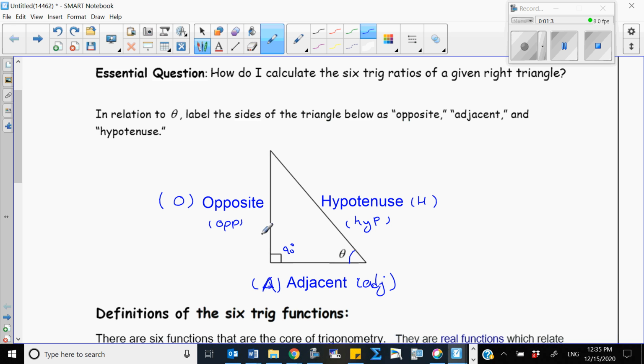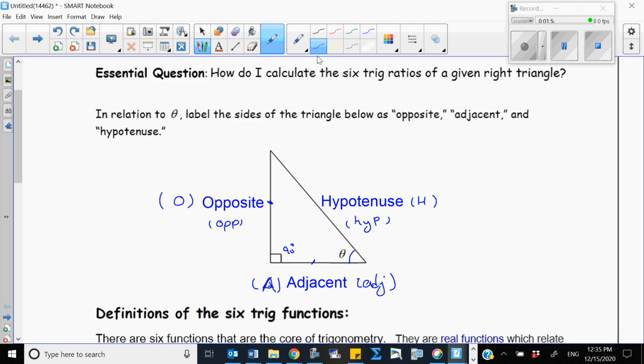Now let's review Pythagorean theorem. We know that if I have a right triangle, these two sides are called the legs and this one is called hypotenuse. Based on Pythagorean theorem, the sum of squares of the two legs is equal to the square of the hypotenuse.